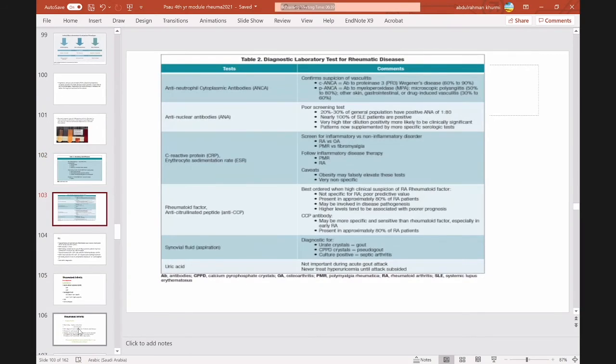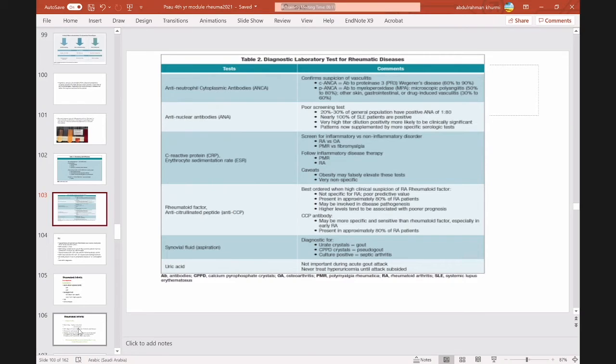So we have different labs in rheumatology, including ANA, which is seen positive in rheumatoid and lupus. The other one is C-reactive protein and ESR, which is active in any inflammation, not only in rheumatological illnesses. We have rheumatoid factor and anti-CCP, which we use in rheumatoid arthritis.